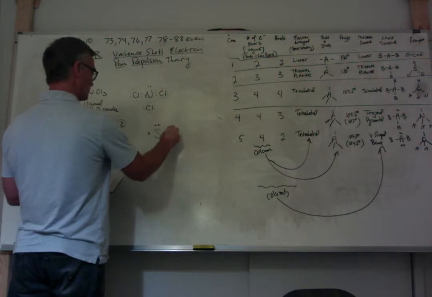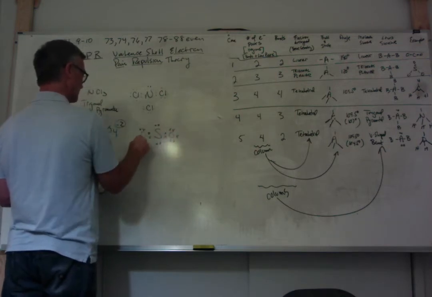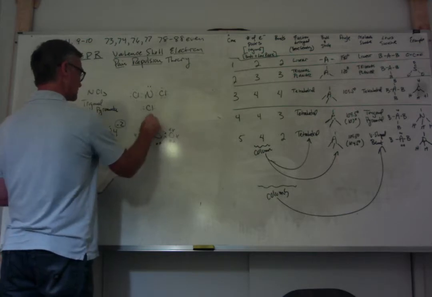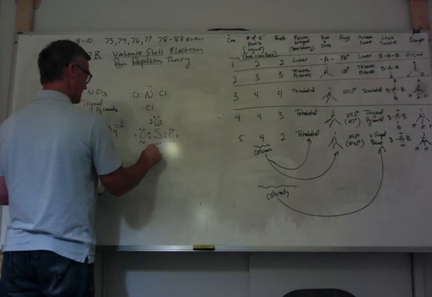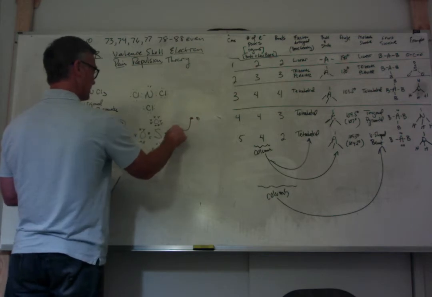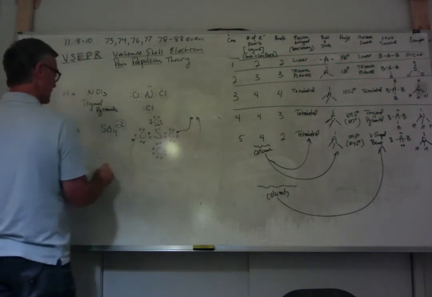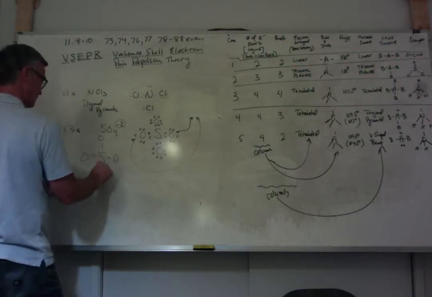So oxygen looks like this, and another oxygen here, and oxygen here, and an oxygen here. And then because we have two extra electrons, one can go here, one can go here, and we end up with SO all the way around, and we would write it like this with a -2.